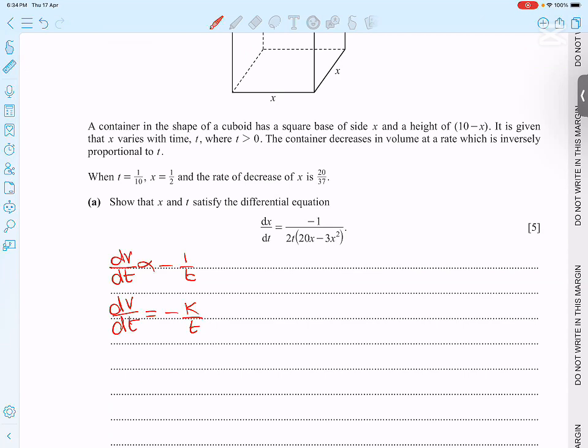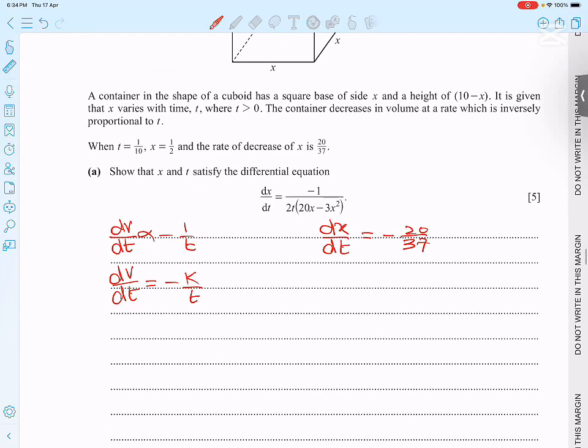And one more thing, the rate of decrease of x is given. So the rate of decrease of x means dx over dt is the rate of decrease, so negative 20 by 37. Now we have to show this connection.